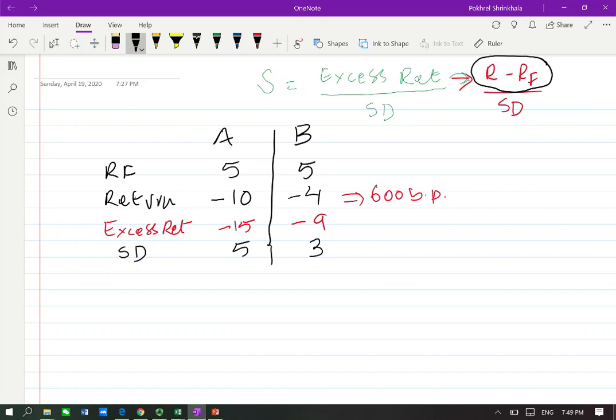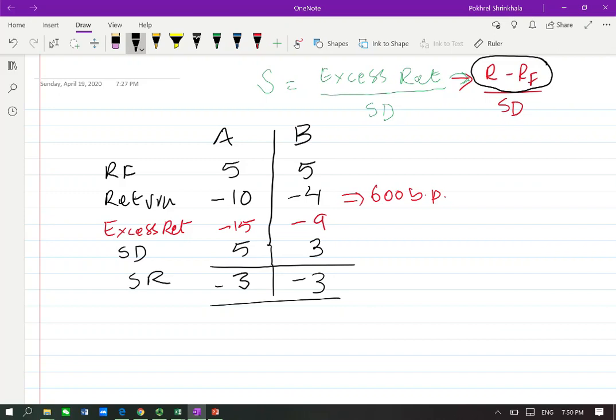So this then basically means we can quickly calculate the Sharpe ratio, which is going to be minus 15 divided by 5, which will be 3, of course minus, and minus 9 divided by 3, minus 3 again. So according to the Sharpe ratio, as we calculated, both fund A and B are giving the same risk adjusted return performance. So they can be ranked equal.